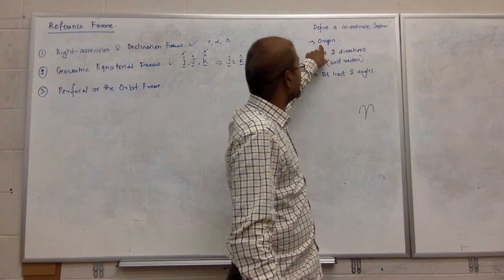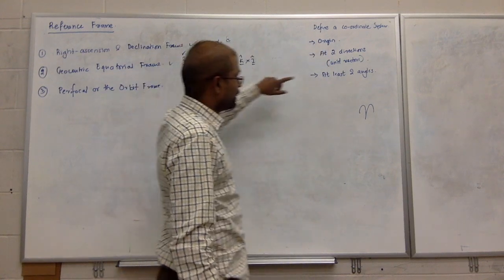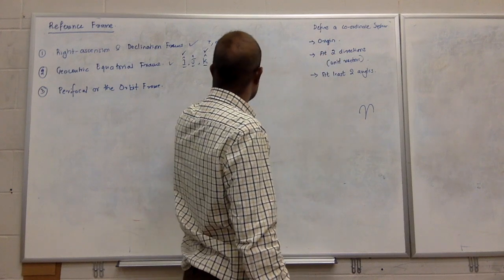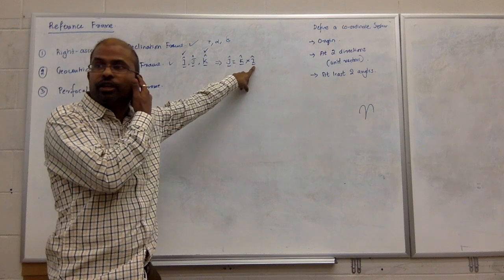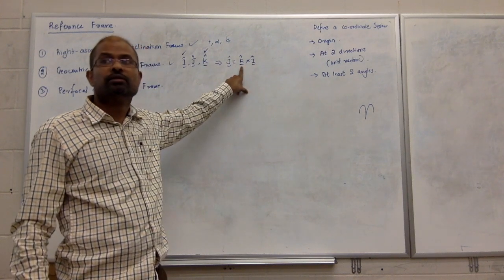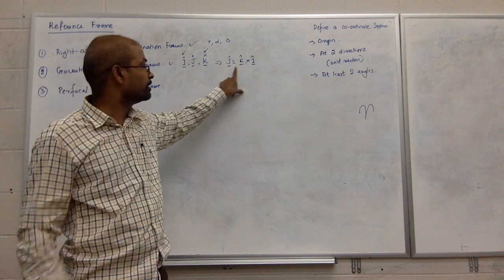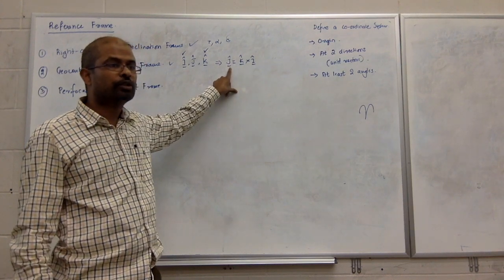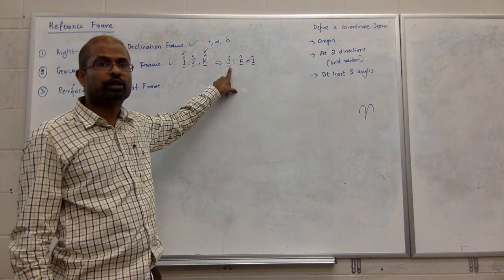What I did was define the origin. The origin is the center of the Earth or the focus. At least two directions we have defined. I is the vernal equinox direction. This is the axis of rotation. And J is simply that which completes the triad. You need to know what a triad is.